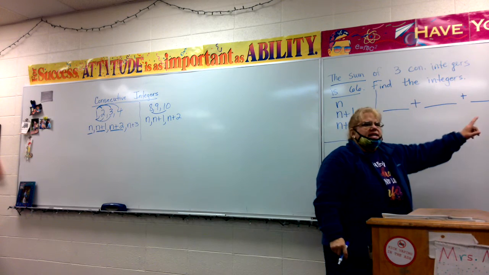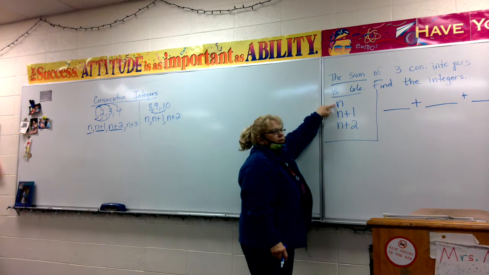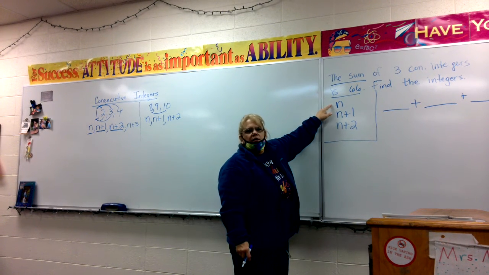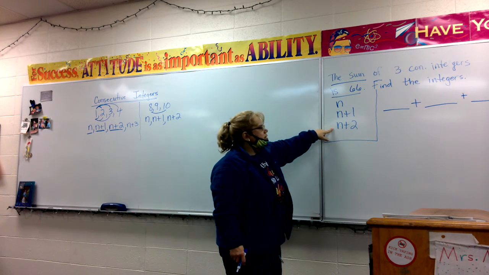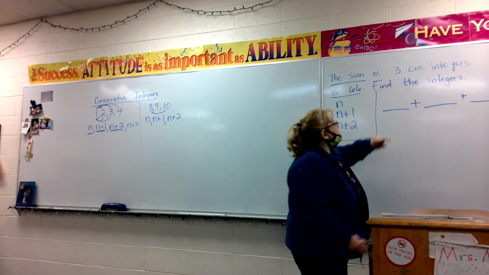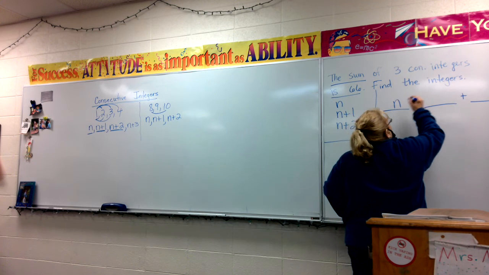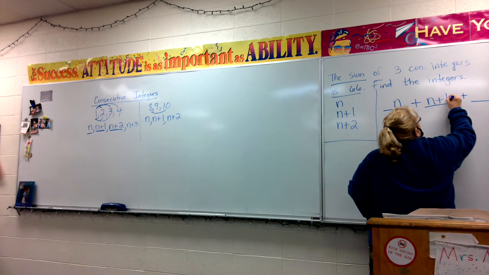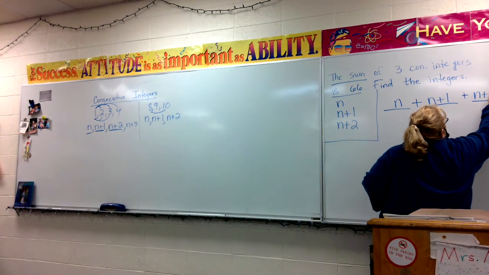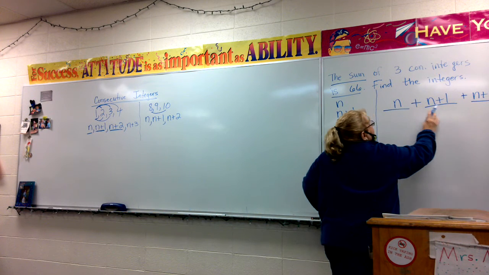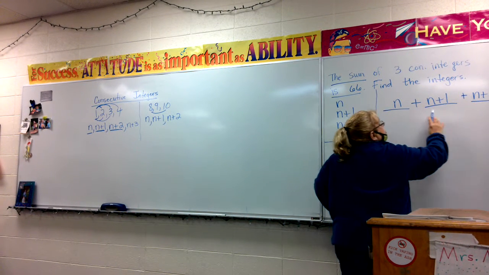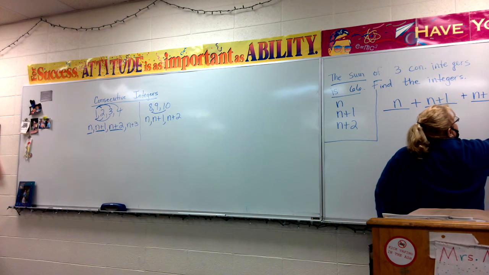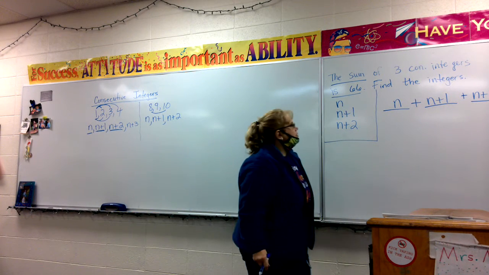What are those 3 integers? Oh, we already wrote them down. What are they? N, n plus 1, n plus 2. Guess what goes in these spots? N, n plus 1, n plus 2. I'm adding up my 3 integers, and the sum is 66.